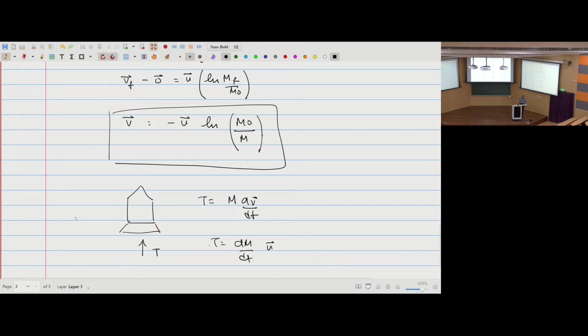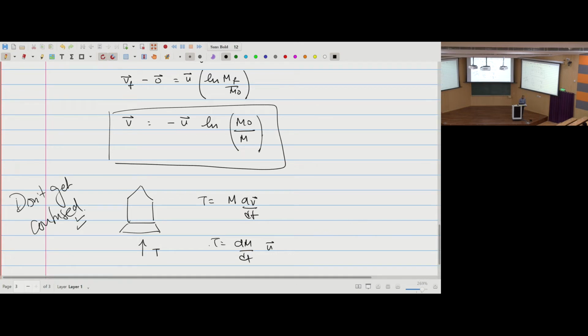Okay, so if you see this, this is the model. The actual expression is what we have learned. So don't get confused. But we do this, we say that the thrust acting on the rocket is there because there is a gas burning.